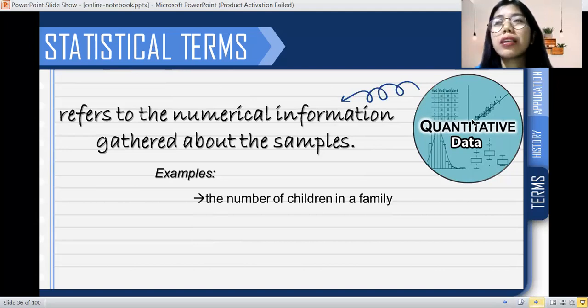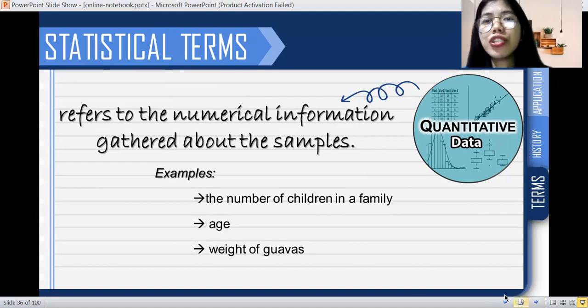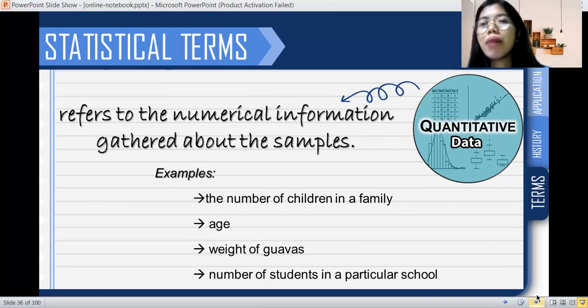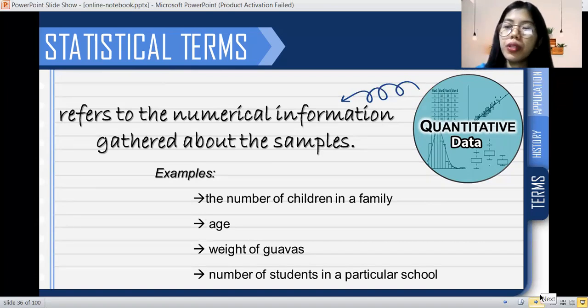So, ang sagot natin dito ay number, pwedeng 5, pwedeng 7, depending on gaano kalaki yung family. We also have age, weight of the guavas, and number of students in a particular school. So, these are all quantitative data since we are talking about the numerical information.